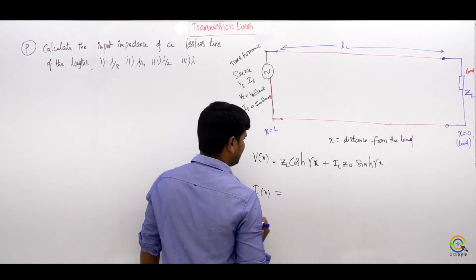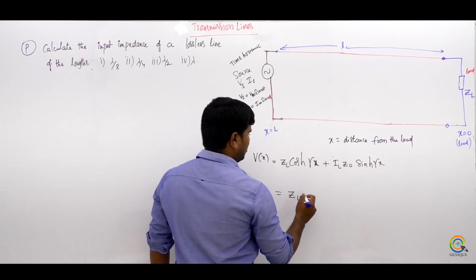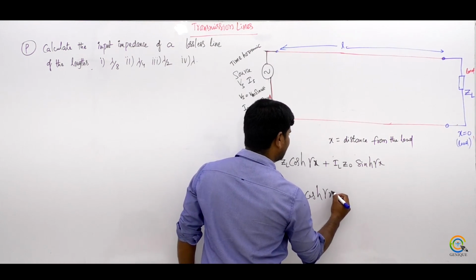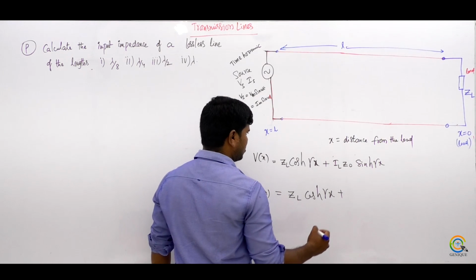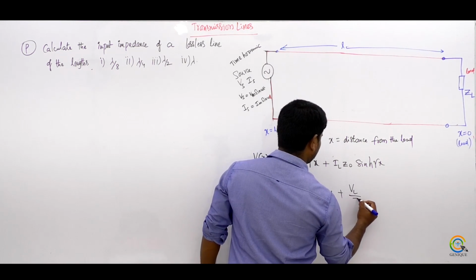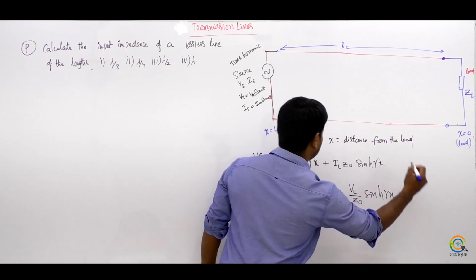Similarly, we will get I of x equals IL cosh gamma x plus VL by Z naught sinh gamma x.